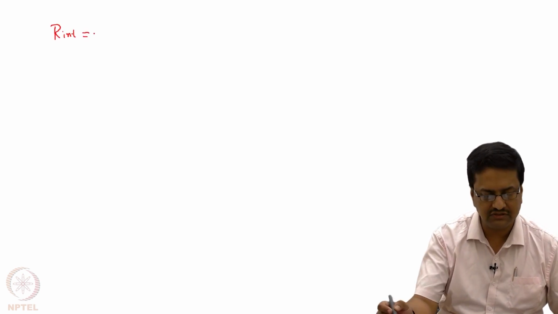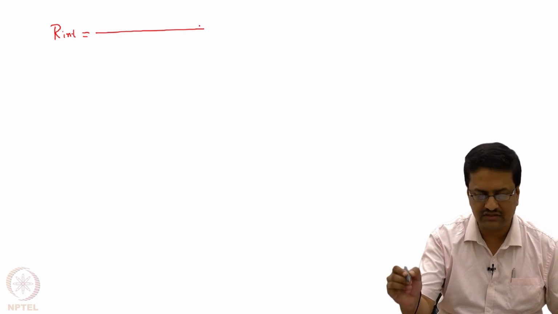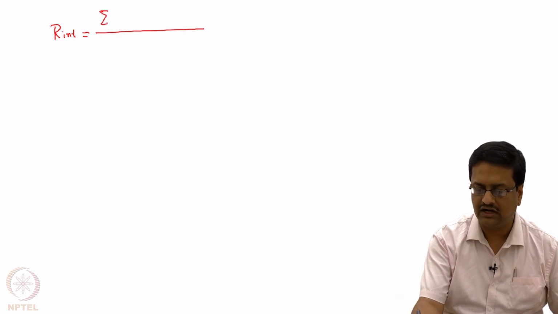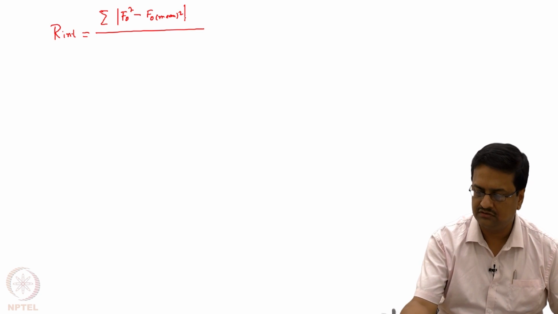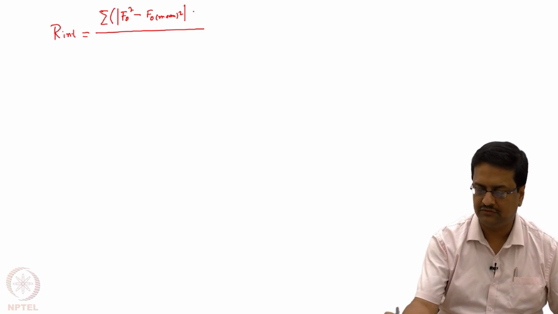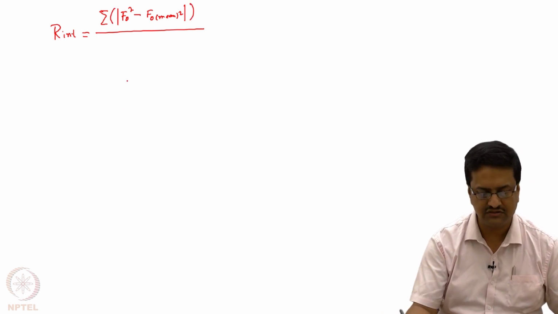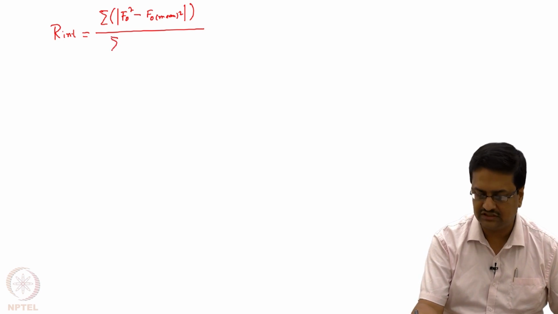I think we have discussed this in one of the previous lectures. So Rint is nothing but the sum of the modulus of Fo square minus Fo mean square, divided by the sum of Fo square.